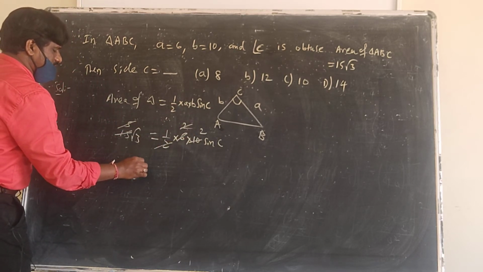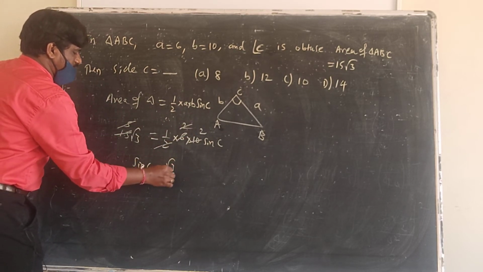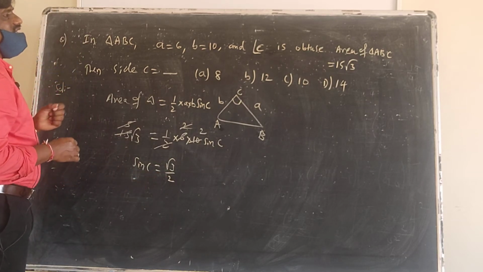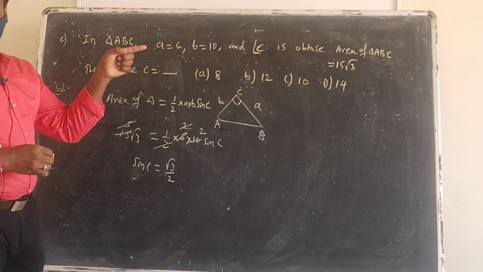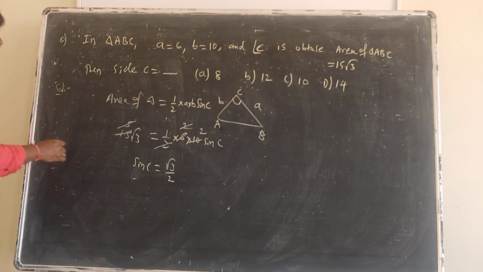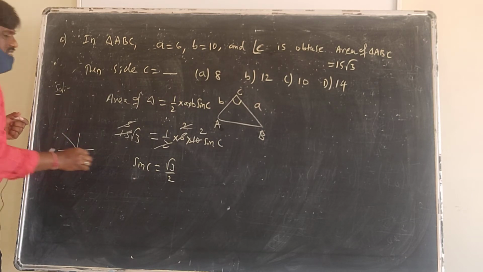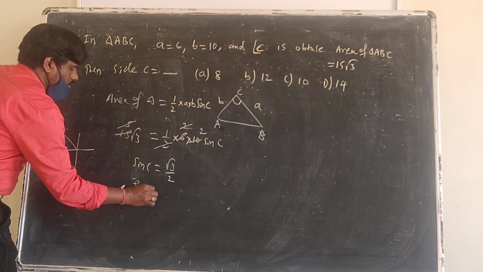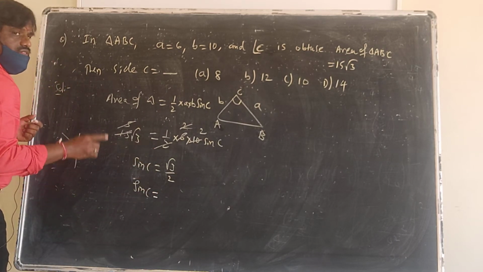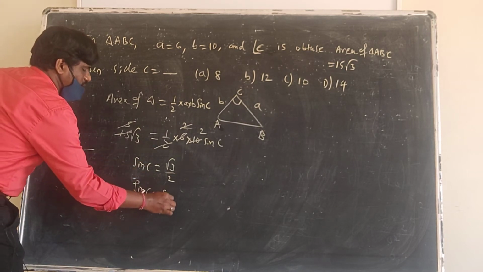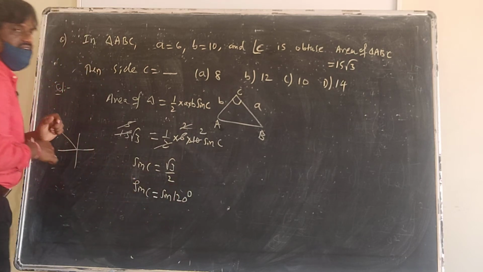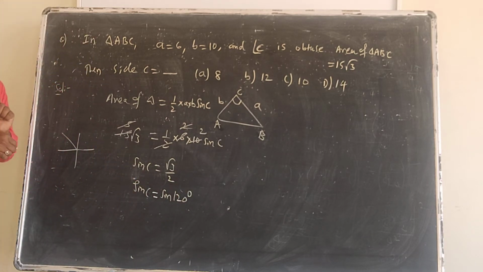So sine C is equal to root 3 by 2. He said that C is an obtuse angle. An obtuse angle means it is in the second quadrant. So sine C is equal to root 3 by 2, which we get as sine 120 degrees. Sine 120 degrees is root 3 by 2.